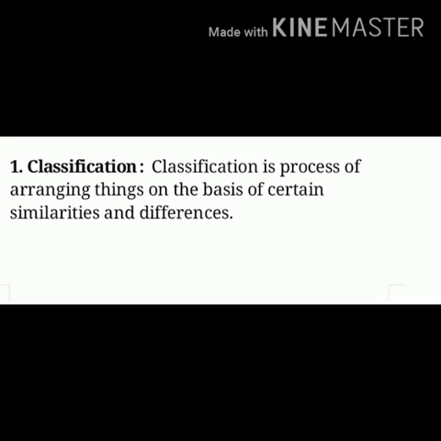Classification is a process of arranging things on the basis of certain similarities and differences. Similarities help us to arrange things in the same group. Differences help us to arrange things into separate groups.